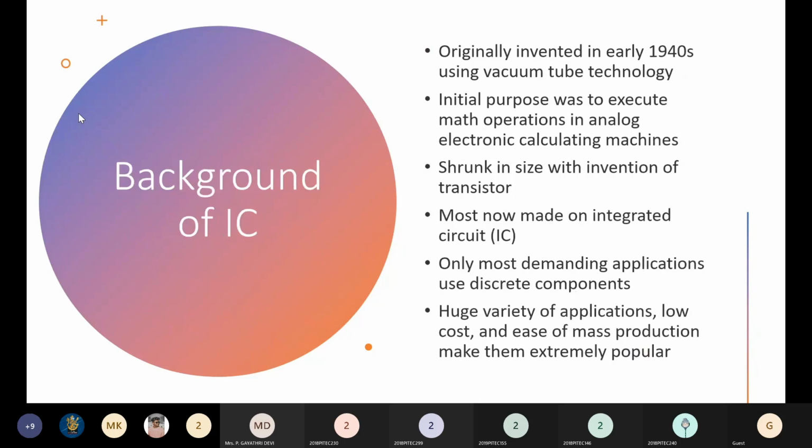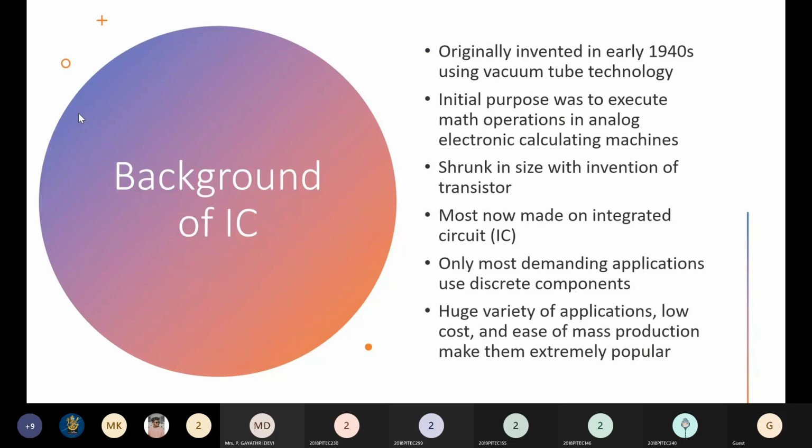Now if we go on with the background of IC, it was originally started with vacuum tube, and then from vacuum tube we went on with the invention of transistors, because when we were having vacuum tubes, it was very bulky.